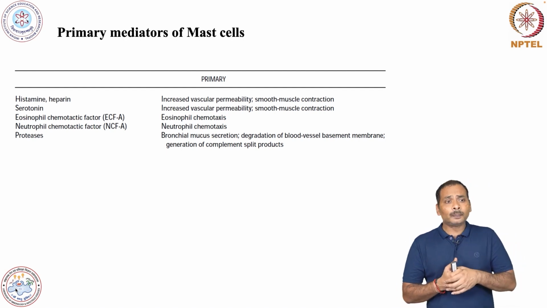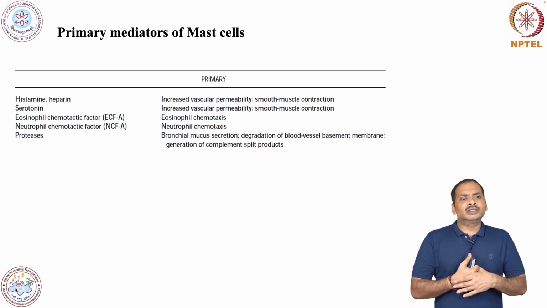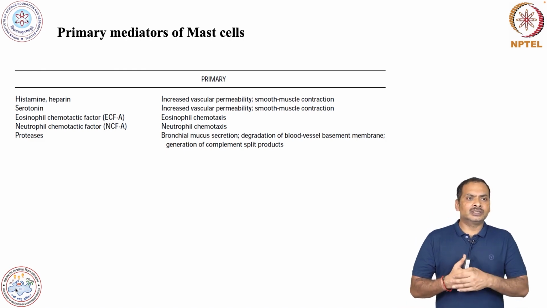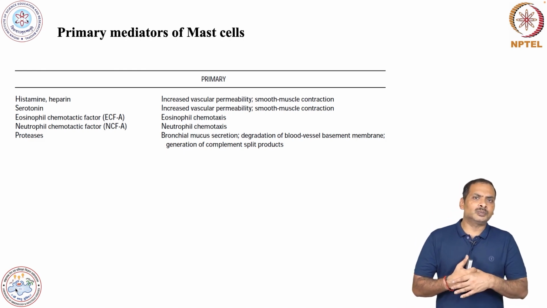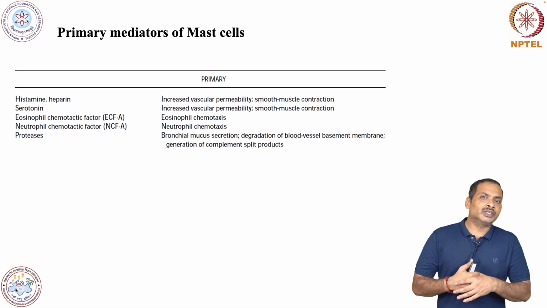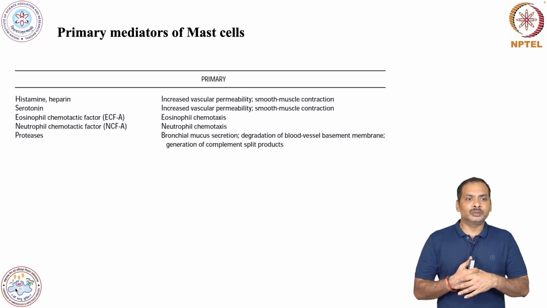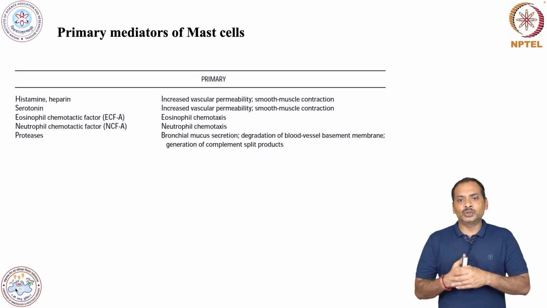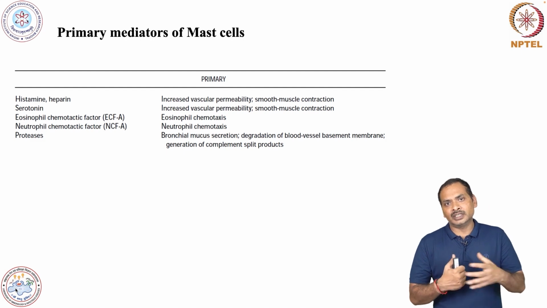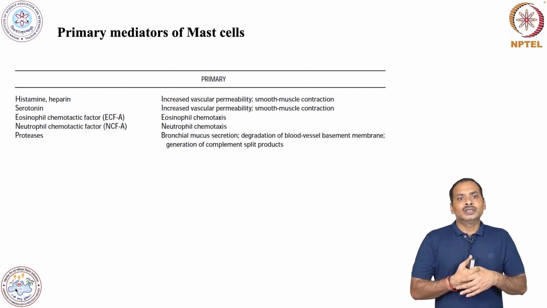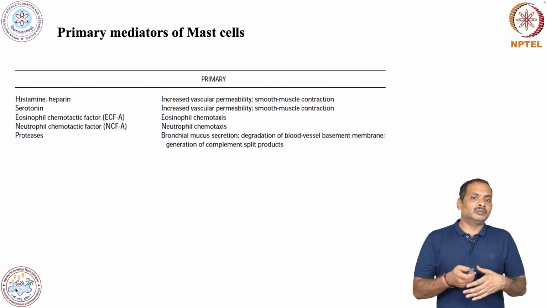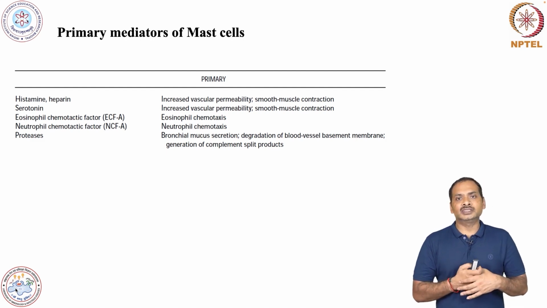This will also cause the invitation of neutrophils; the factor responsible for chemotaxis of neutrophils is neutrophil chemotactic factor. This granule also contains some proteases. Okay. So, these are the primary components and primary functions of these granules.